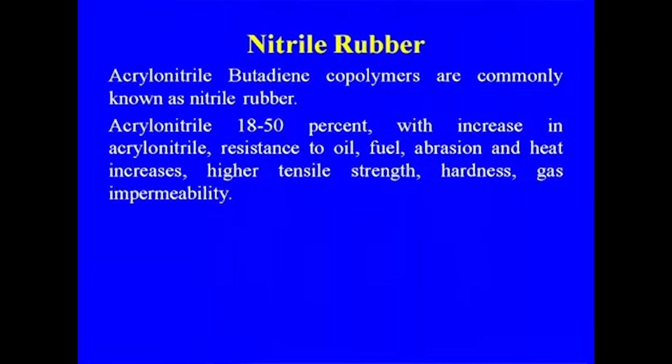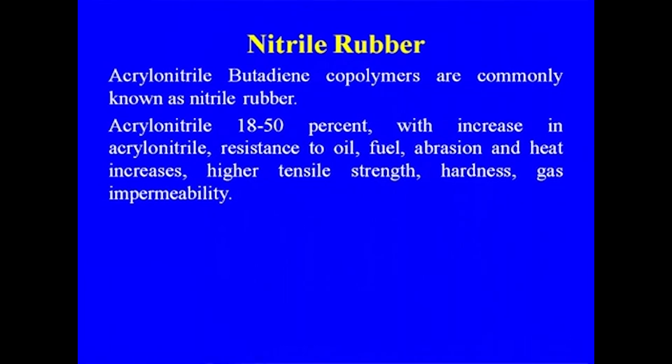Another important class of synthetic rubber is nitrile rubber, which I told you is the combination of acrylonitrile and butadiene. Earlier, as I told you, the starting phase of nitrile rubber was through the non-petrochemical route. Acrylonitrile and butadiene copolymers are commonly known as nitrile rubber.